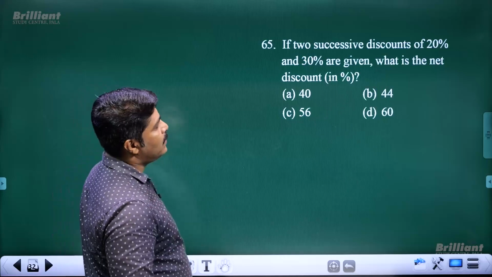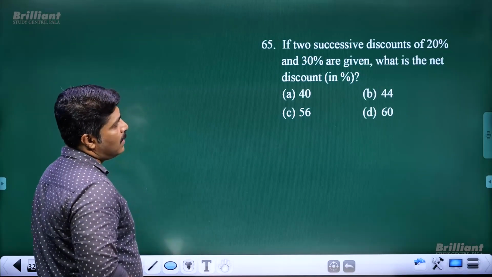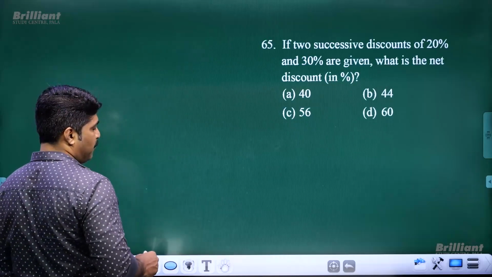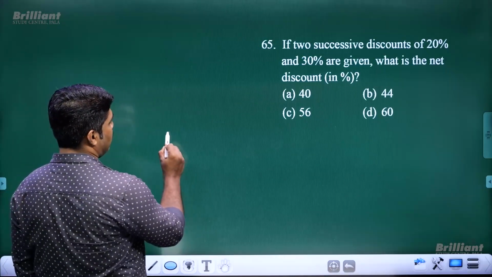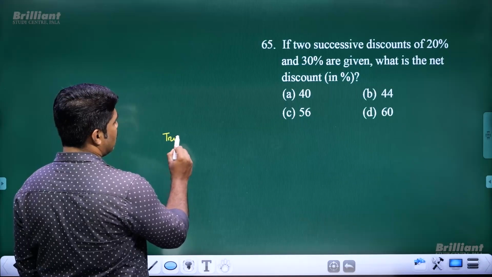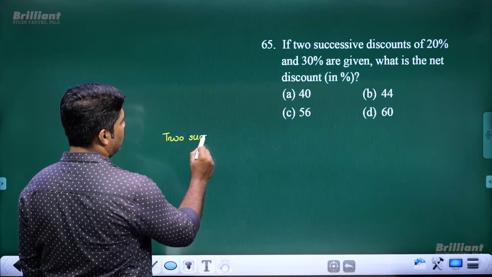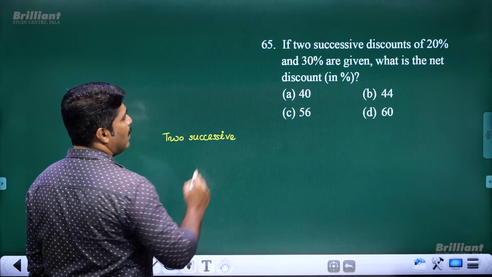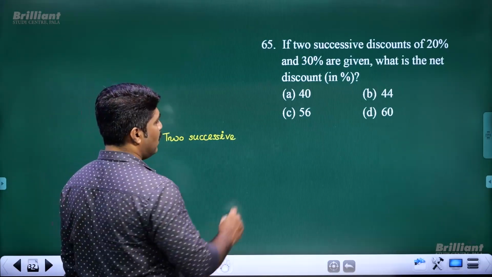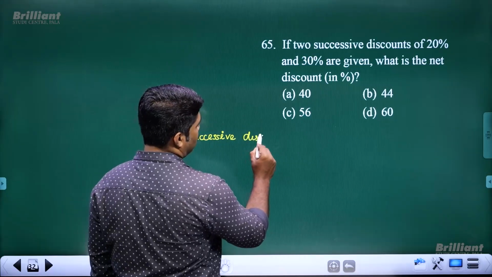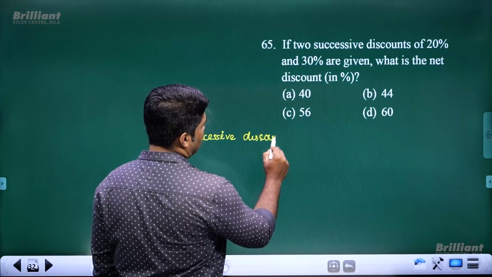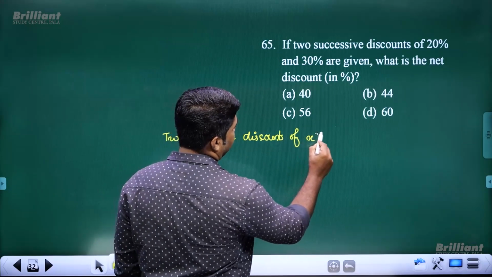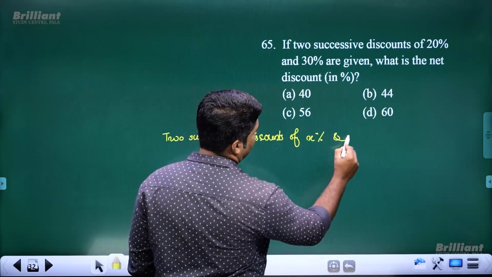If two successive discounts of 20% and 30% are given, what is the net discount? So you can apply the direct result for finding the answer for this question. It's an application of successive variation, but it's a case of successive discounts. Two successive discounts of X% and Y%.